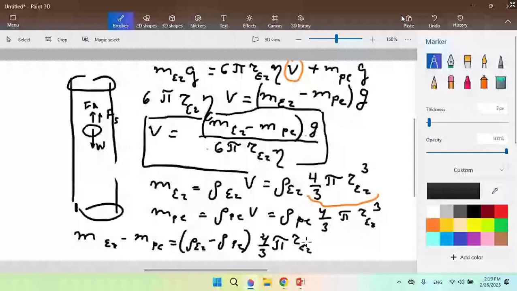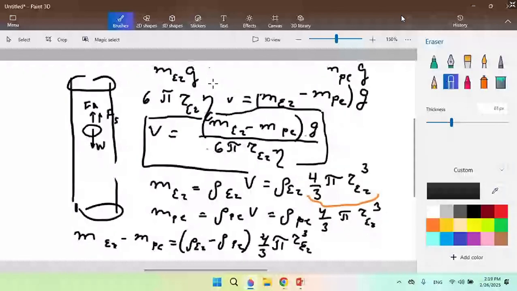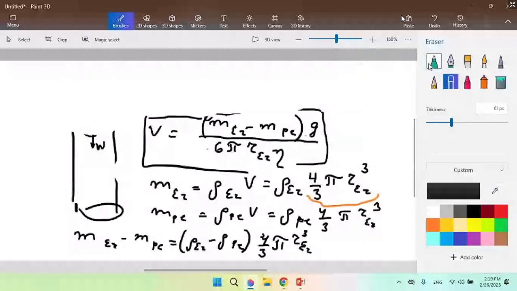And this we have to substitute in the formula, and then we get the final expression for the erythrocyte sedimentation rate. Let me write it now.